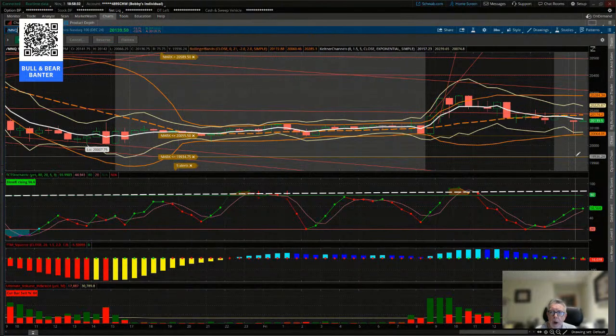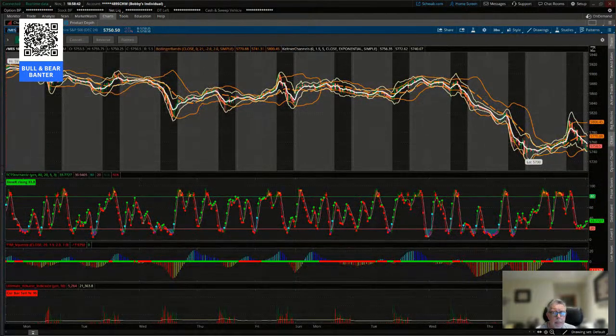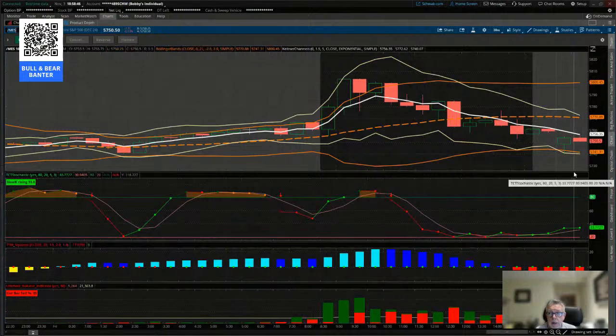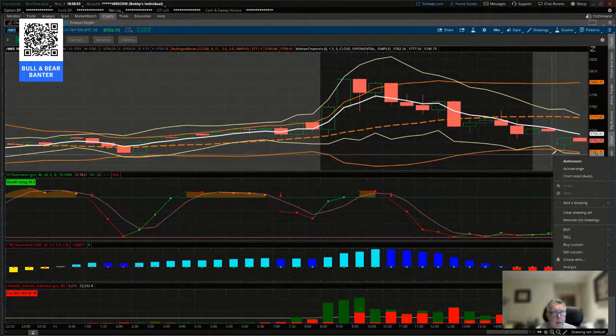Not much movement on the NASDAQ. It has not gone positive. Looks like volume has slowed down quite a bit. E-minis. They could take out the lows of the session here. They're still down 0.13%.